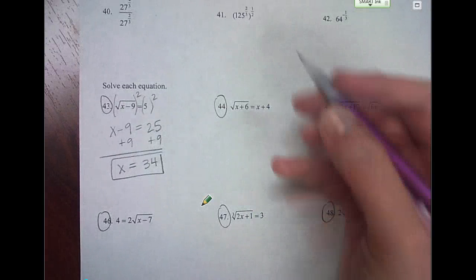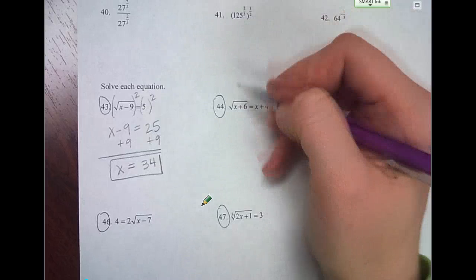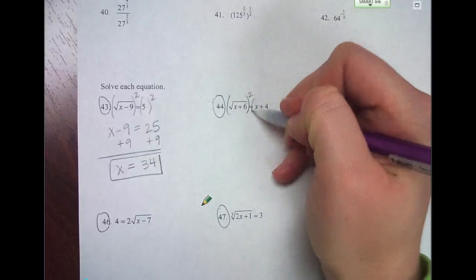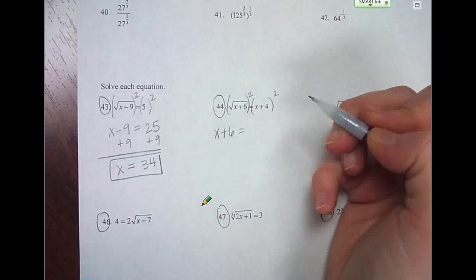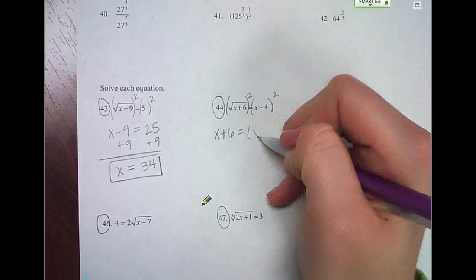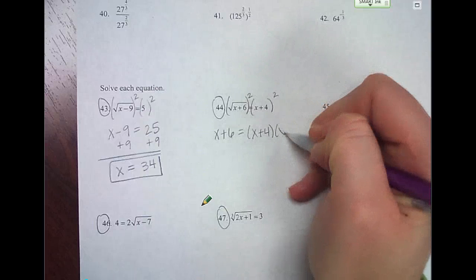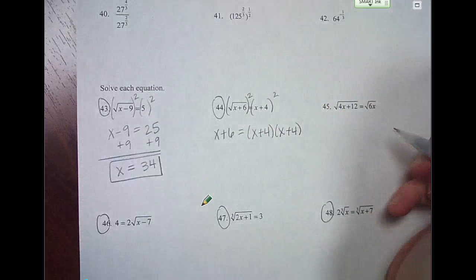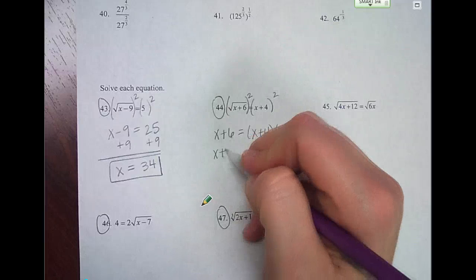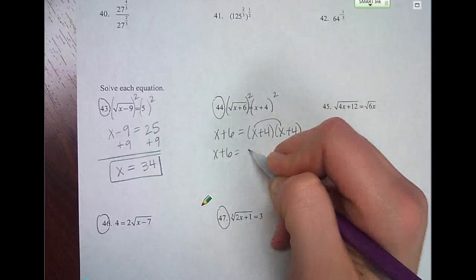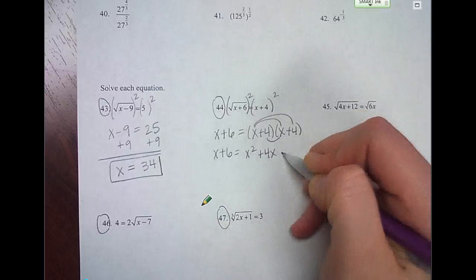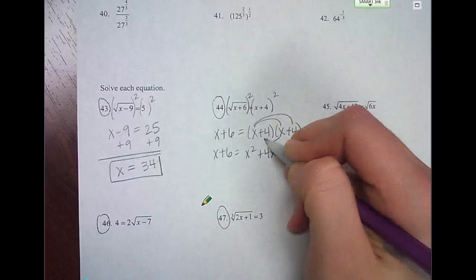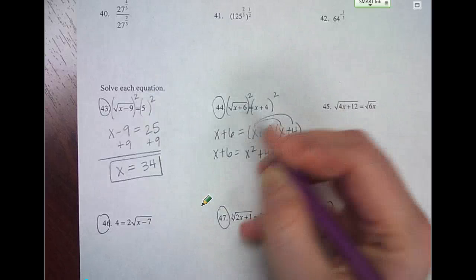44, isolate the radical, it's all by itself, so let's square both sides. So on the left, I just get x plus 6. On the right, though, remember, be extra careful here, you get x plus 4 times x plus 4. So let's multiply out the right side. So I get x squared plus 4x plus 4x plus 16.